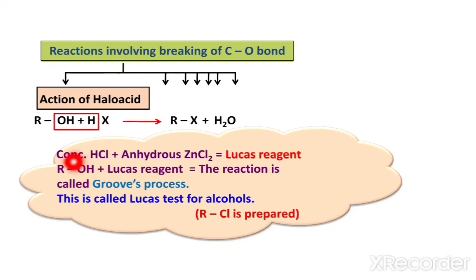If any alcohol ROH, this is the general formula, reacts with the Lucas reagent, the reaction is called the Groves process, and this is called the Lucas test for alcohol. Here RCl, that is alkyl halide, is prepared. How will you classify the alcohol? The answer is by using the Lucas reagent.